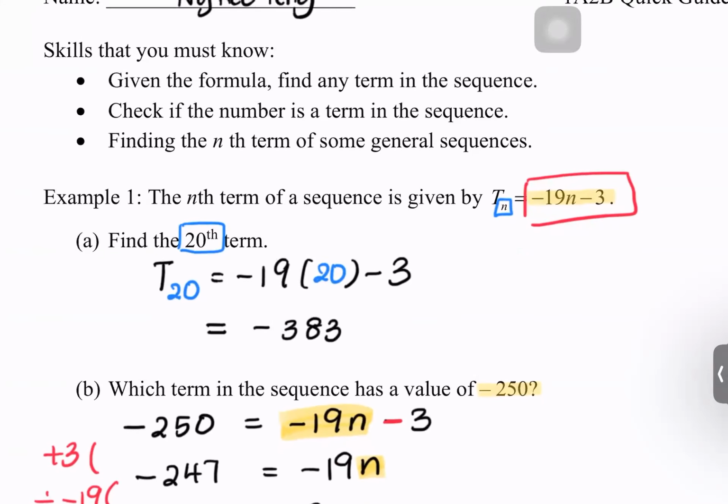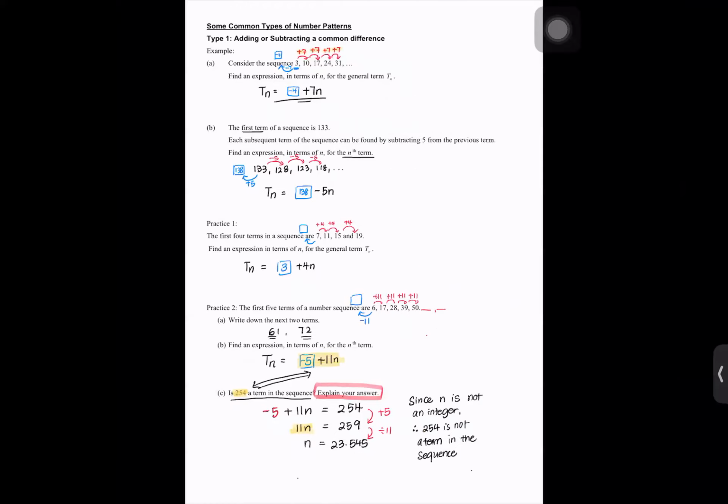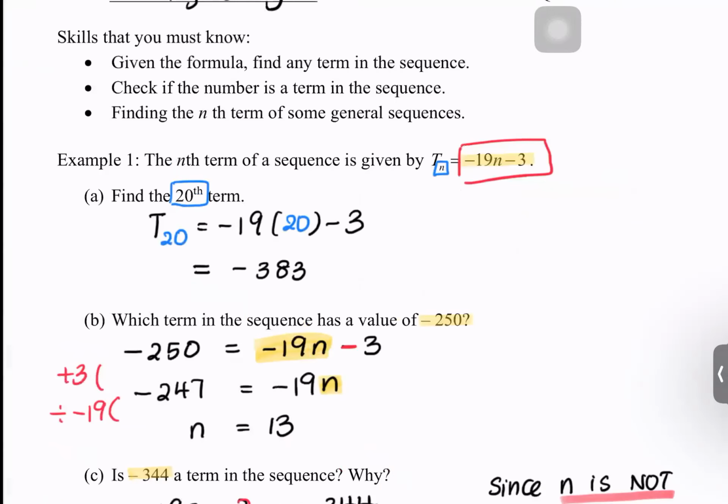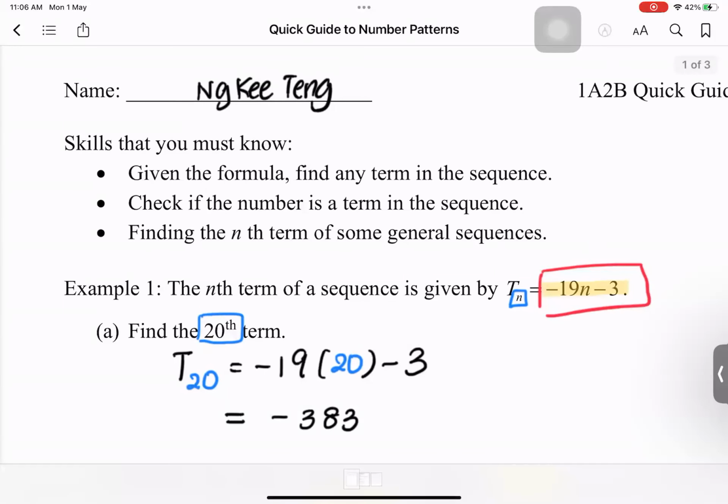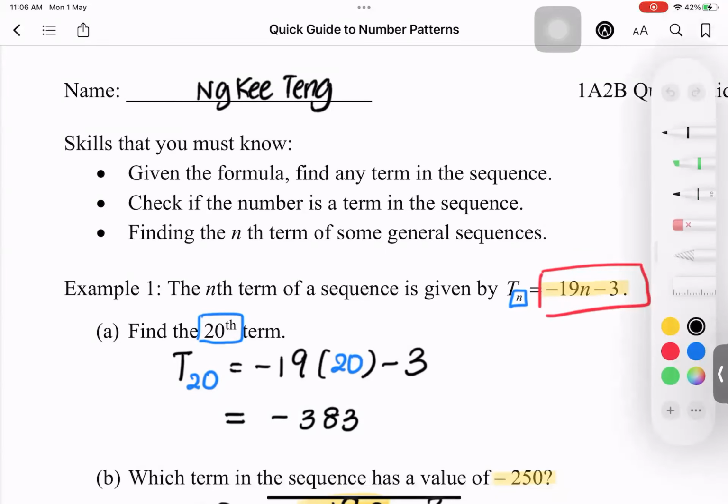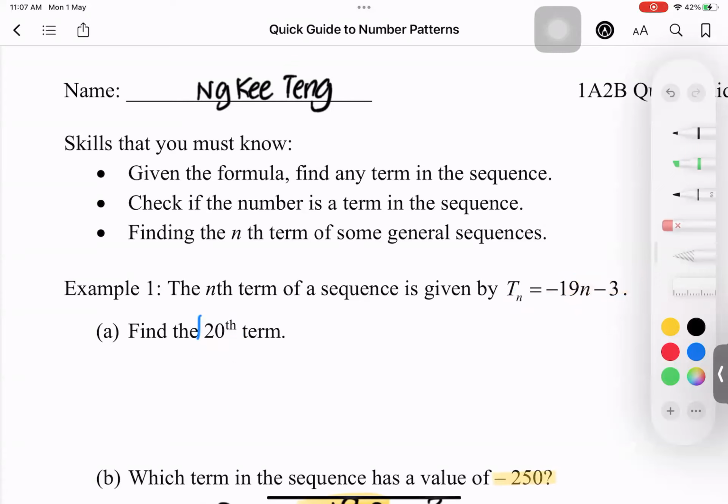Now the question here says the nth term of a sequence, term n, is given by the formula over here already. So let me erase all this, then I write this again. The formula is negative 19n minus 3. So Tn is equal to negative 19n minus 3.